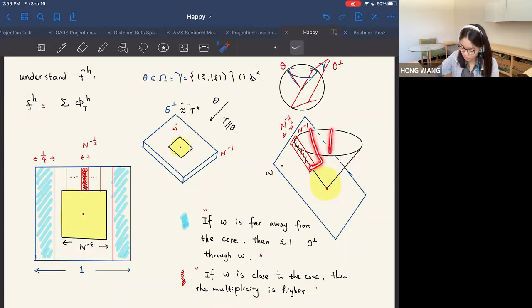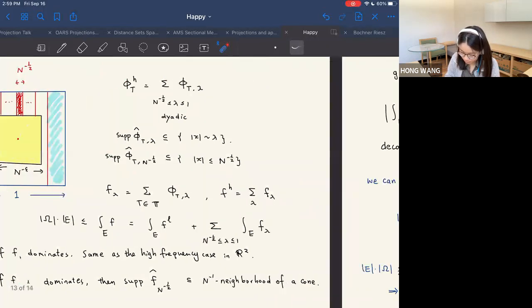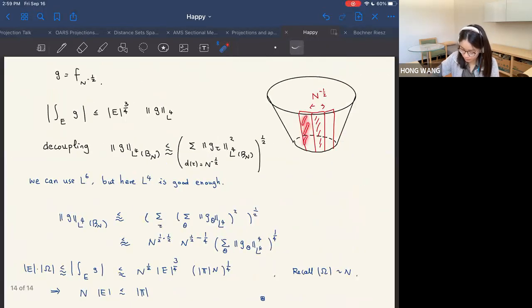Our idea to estimate this difficult part is to use decoupling for the cone, and so we decouple the difficult part of F high into those sectors and then do some estimates.